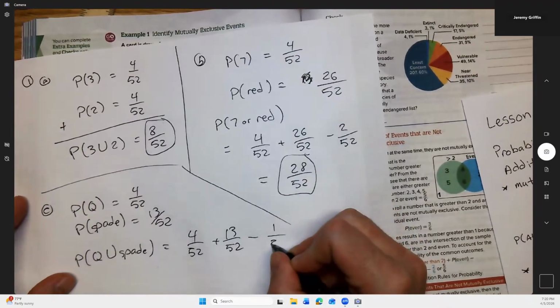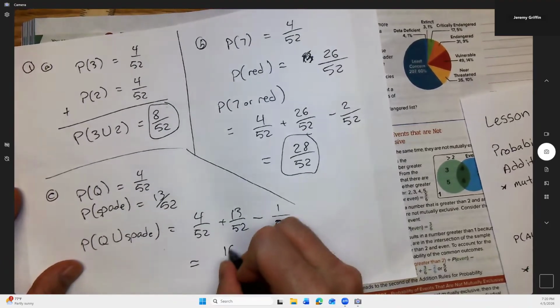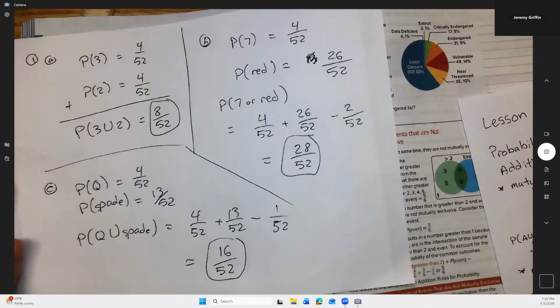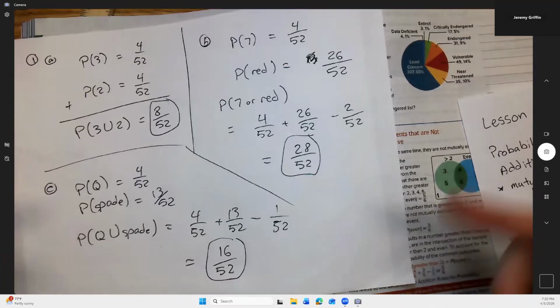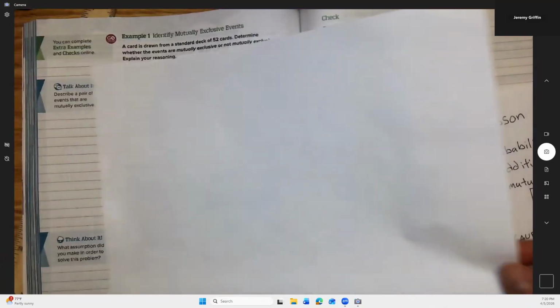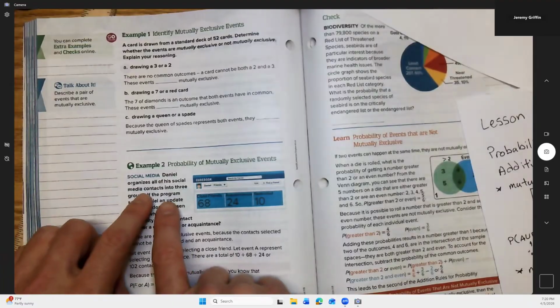So there's one of those, 1 out of 52. So that brings me to, I think that's 16 out of 52. And again, you could reduce that, but just to give the idea. All right, so there's the probabilities attached to that first example, which I think is where they're headed right here anyway. What's the probability of mutually exclusive events?